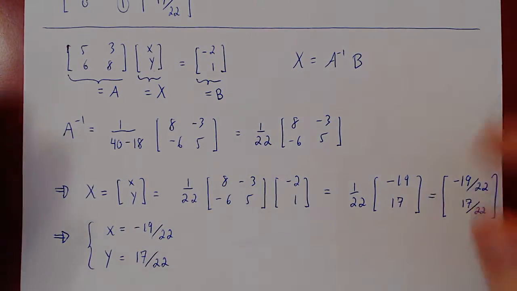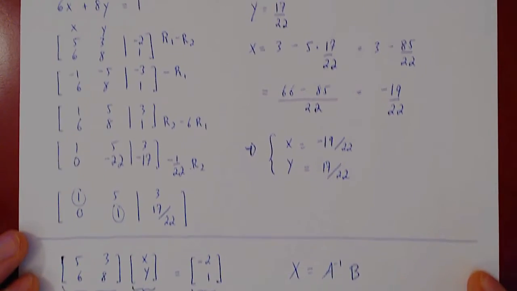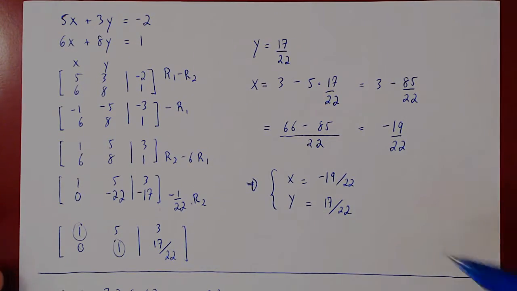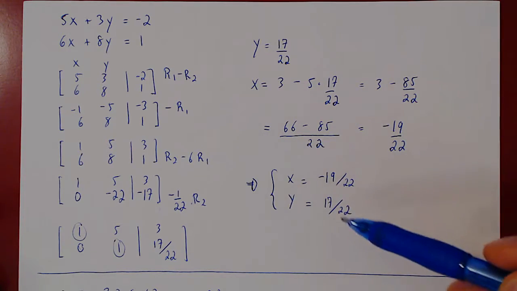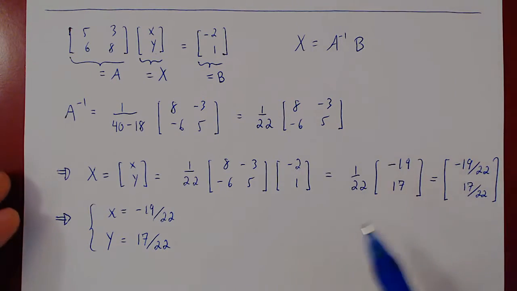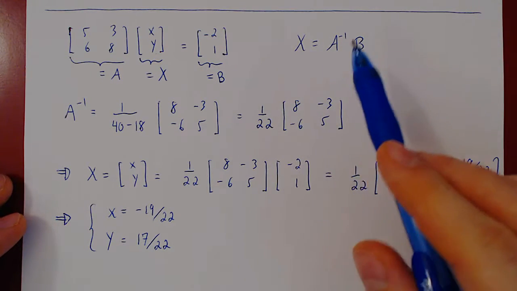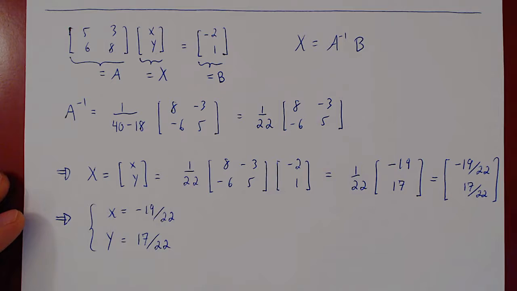And if you just look up, this is exactly the solution we obtained using row reduction. X is negative 19 over 22, y is 17 over 22 as our unique solution, which was found in the exact same way using A inverse instead of row reduction.